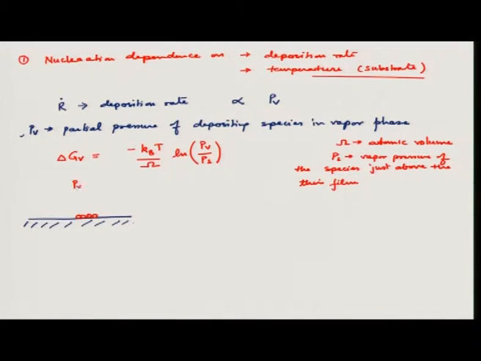So, PV is somewhere here in the vapor phase, okay, which will drive the deposition of these atoms or adsorption of these atoms onto the surface, while Ps is the vapor pressure of this species just above this, okay, and if this is small, it will drive desorption. Okay. So, it is an interplay between adsorption and desorption, which is represented in this form, okay.